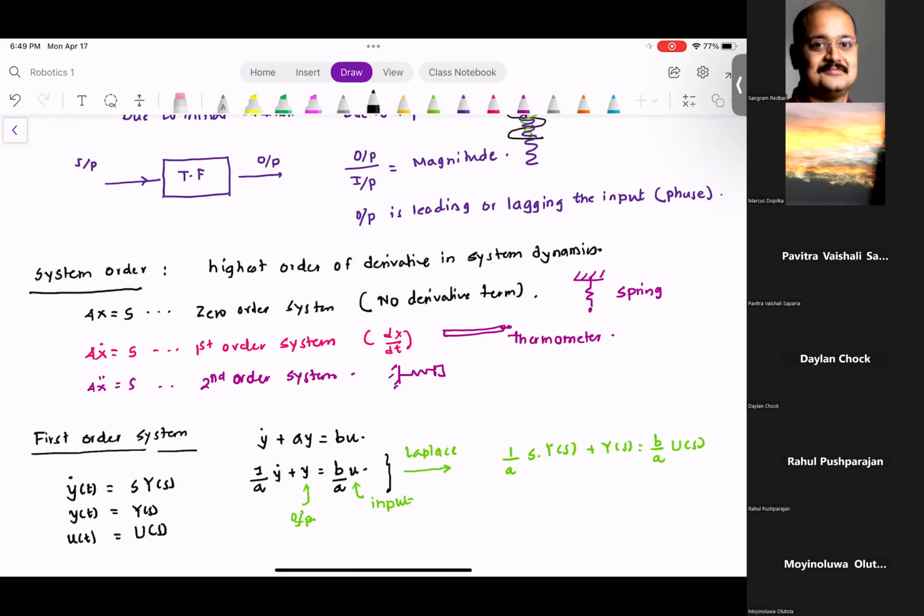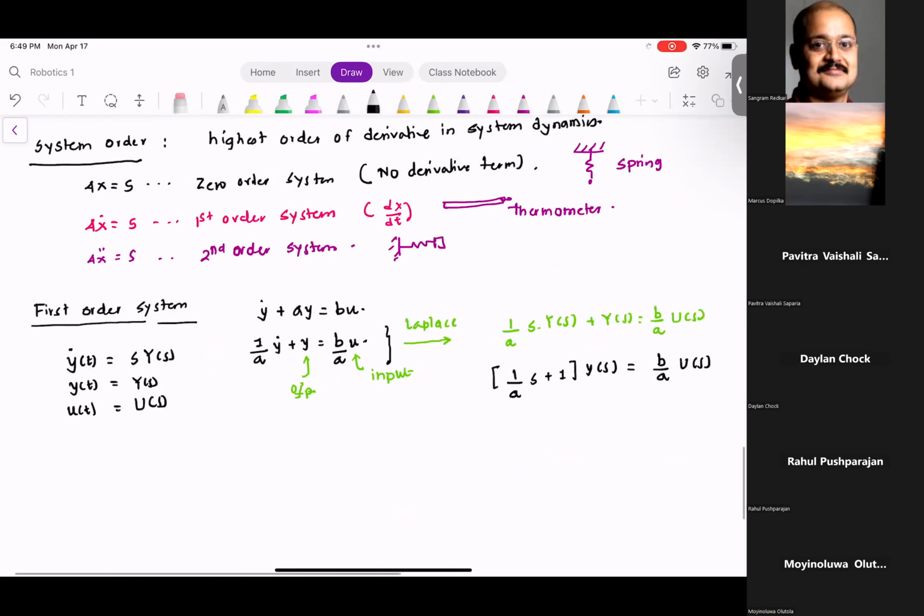So this becomes 1 divided by a s plus 1, y of s is equal to b by a u of s.